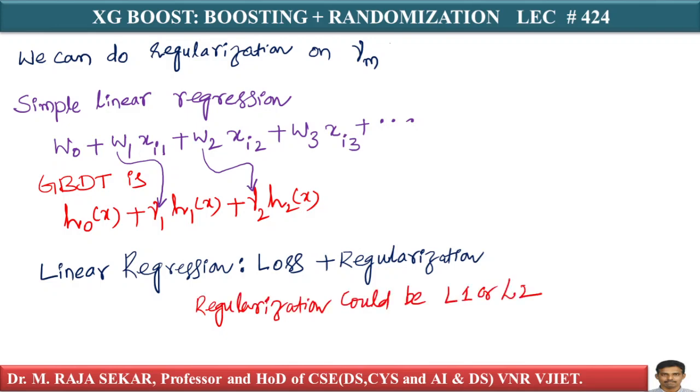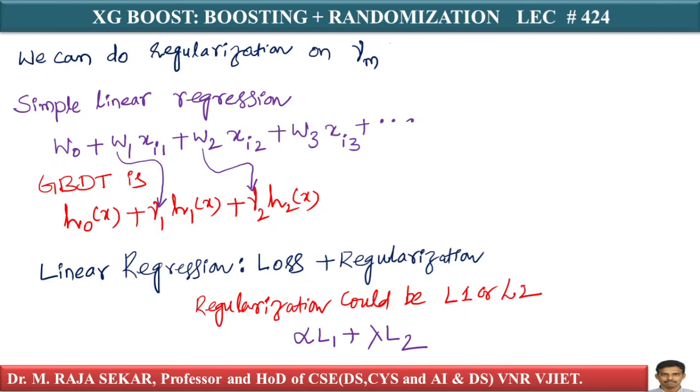GBDT as implemented in XGBoost gives us a super powerful thing: you can have alpha times the L1 regularizer plus lambda times the L2 regularizer.